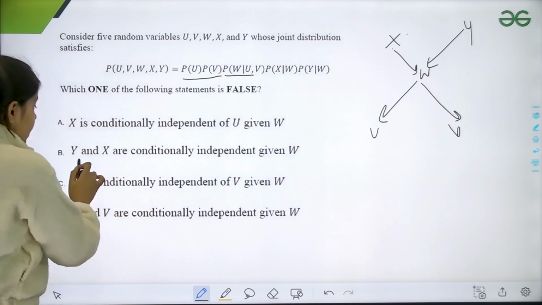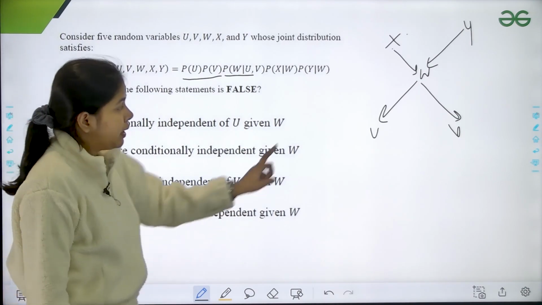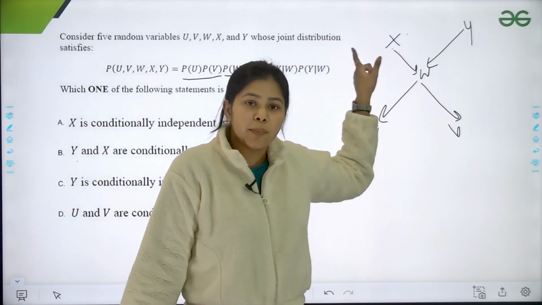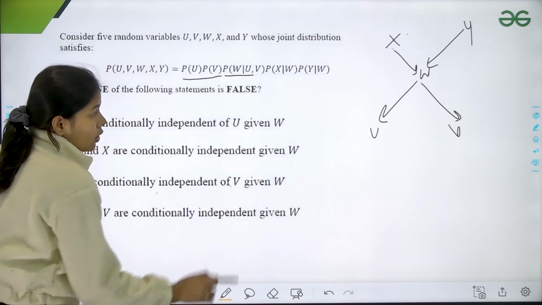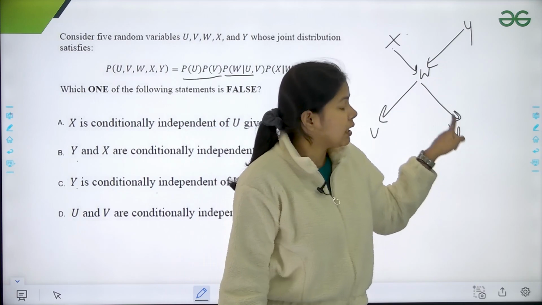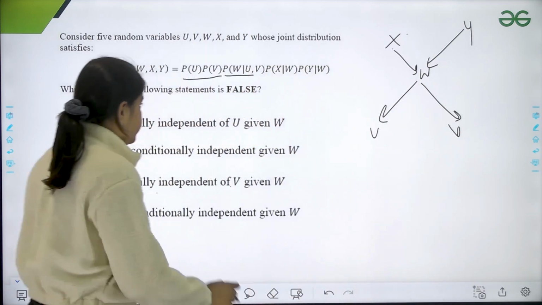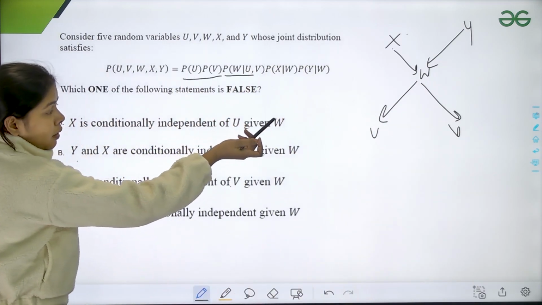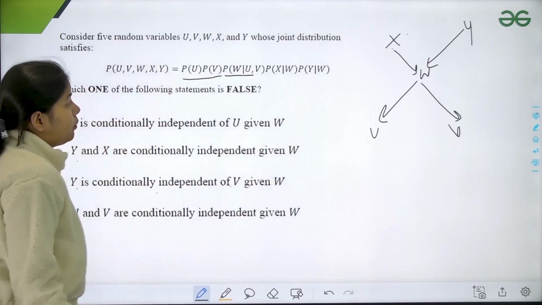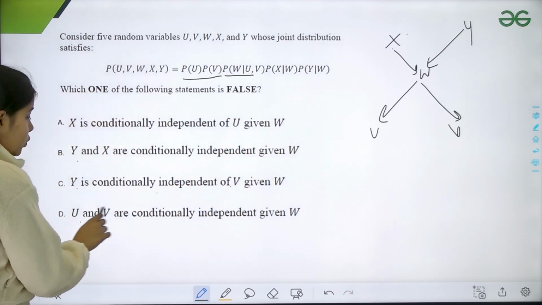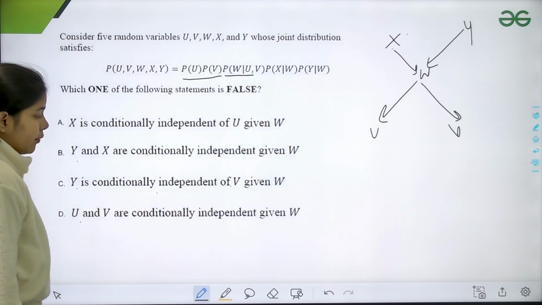That is true. Y and x are conditionally independent given w, right? They are independent given w. Y is conditionally independent of v given w. Again, y is conditionally independent of v given w because we do not have probability of y comma w given v, right? U and v are conditionally independent given w.